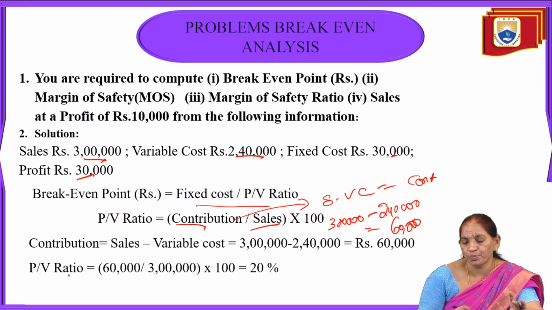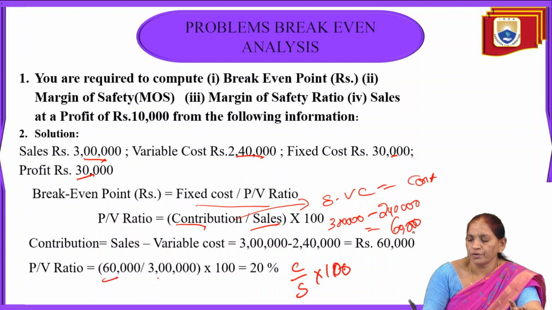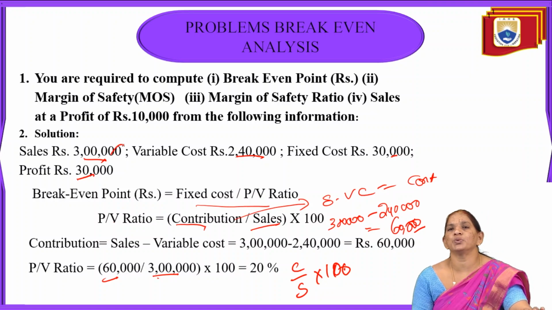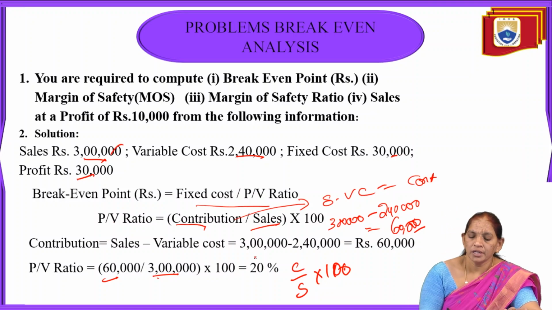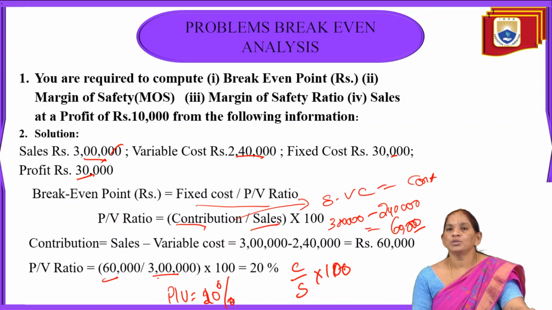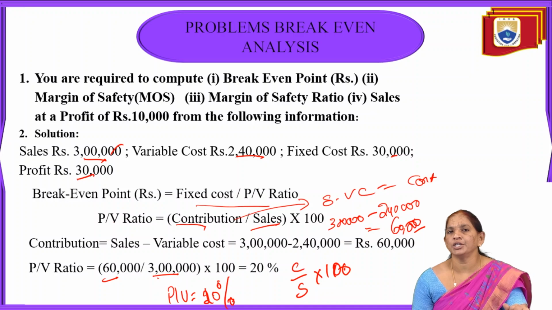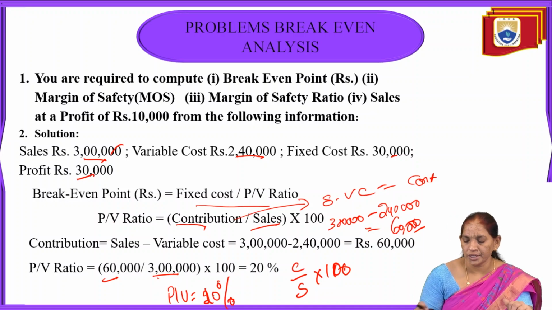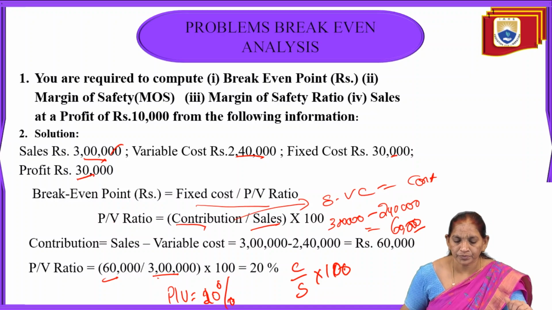When you want to go for PV ratio, that is contribution by sales into 100. The contribution I got is 60,000, sales is 3 lakhs rupees as given in the problem, and multiplied by 100 you get a PV ratio of 20%.